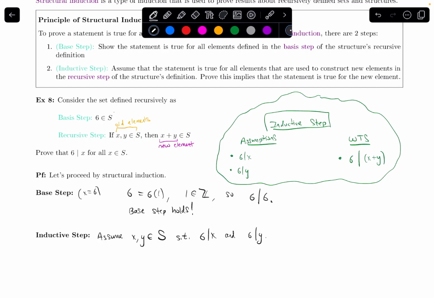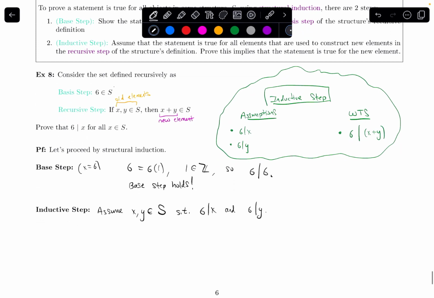Okay, and now I break down what that means. What does it mean to divide? It follows that there exist integers k and j such that x equals 6 times k and y equals 6 times j.